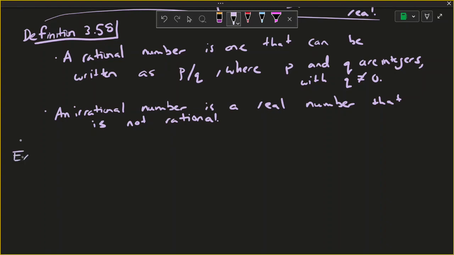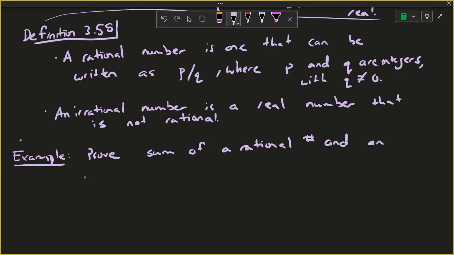So the example I'll do is prove the sum of a rational number and an irrational number is irrational.